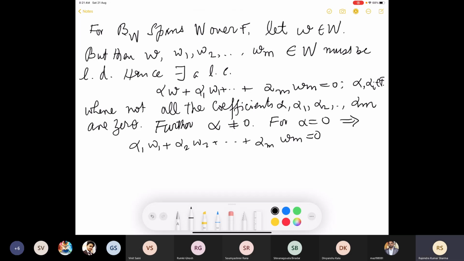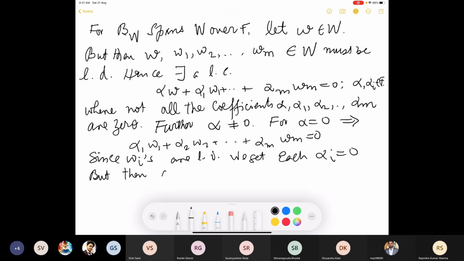Now, Wi's are linearly independent. So what we get is each alpha i is 0. But then alpha as well as alpha i's are all 0.